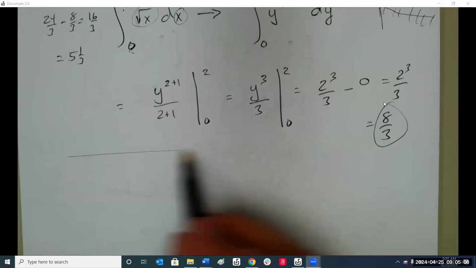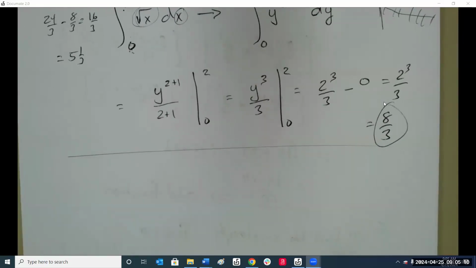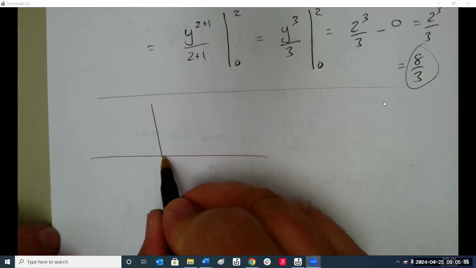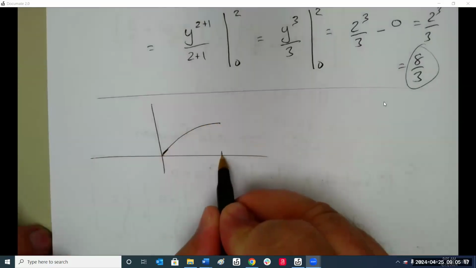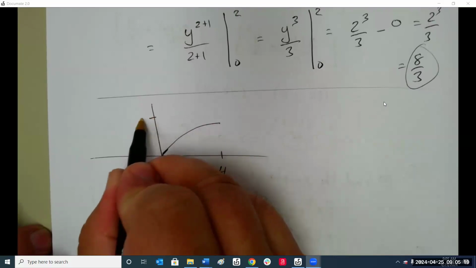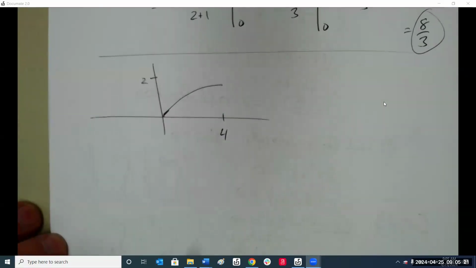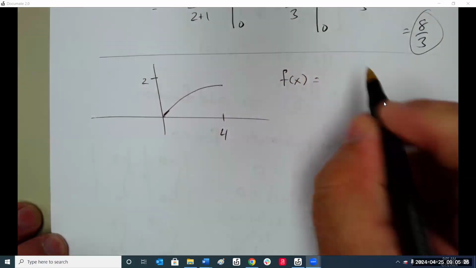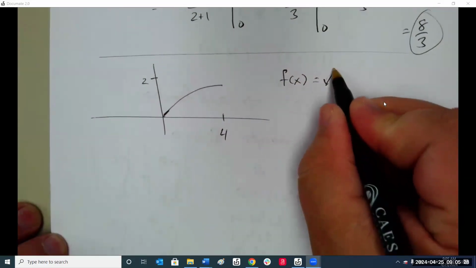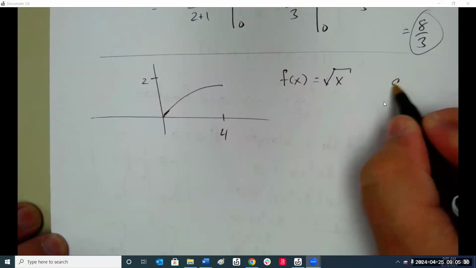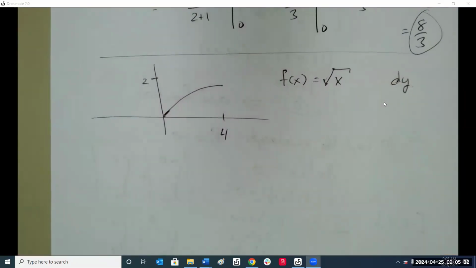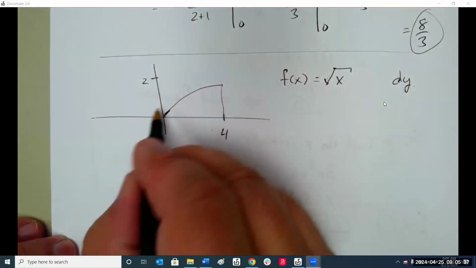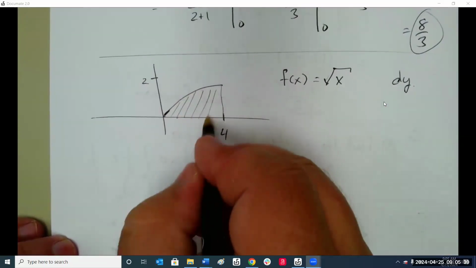So there's another way. Okay. What if we're still on the same picture? Let's say this time I want to know what this area is.